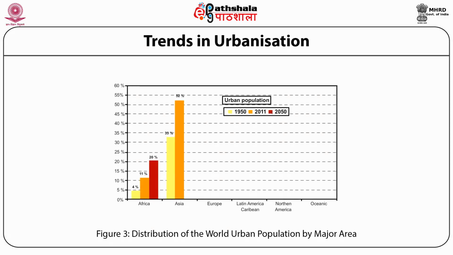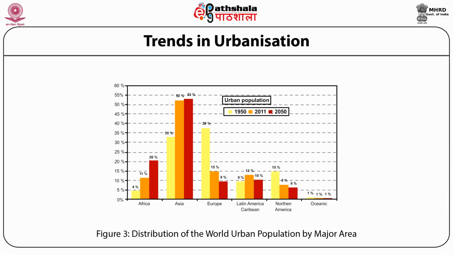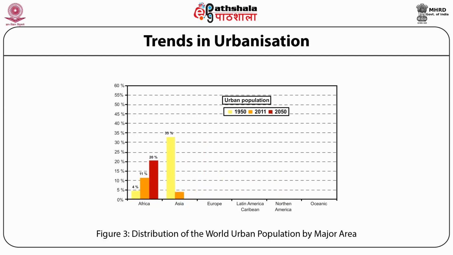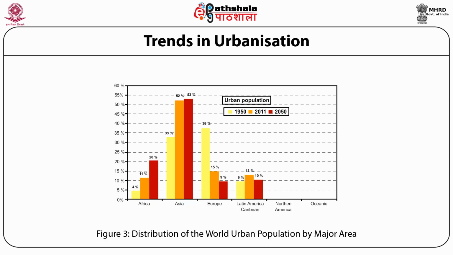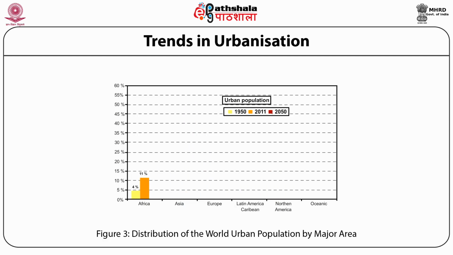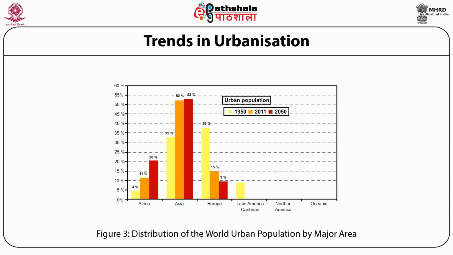It is being estimated that this growth of urban population would mainly be based upon the growth of the same in Asia and Africa. The share of Asia in total world population, which has already reached 52%, is expected to increase up to 53% in 2050, while the share of Africa is expected to grow from 11% in 2011 to 33% in 2050.